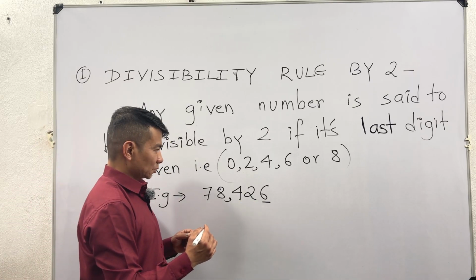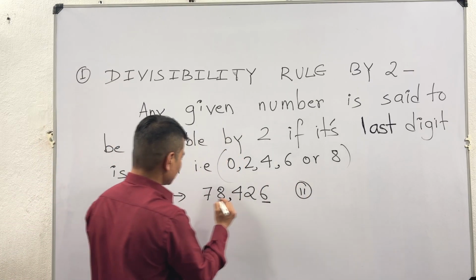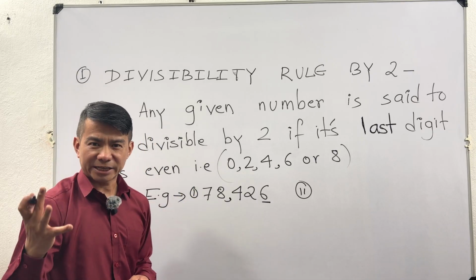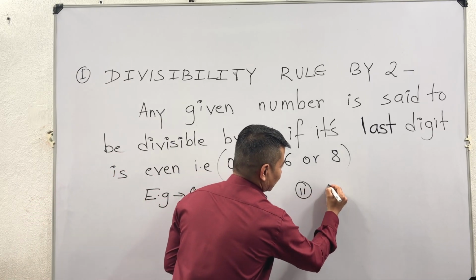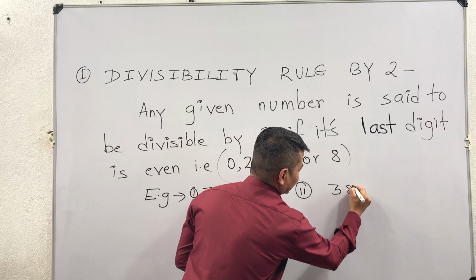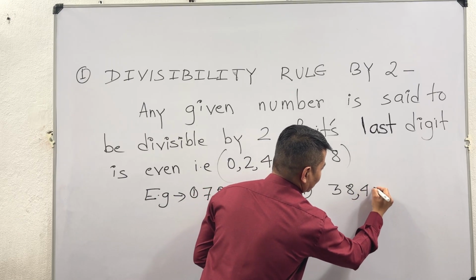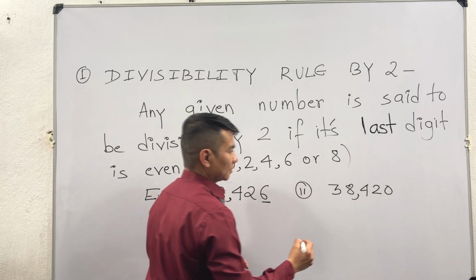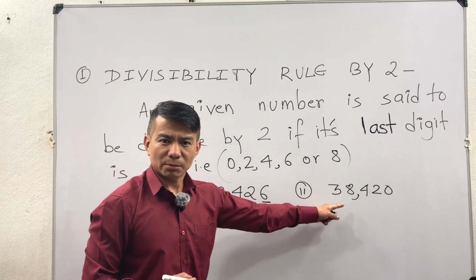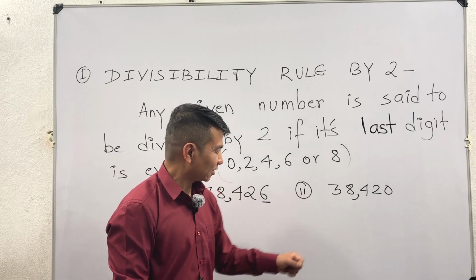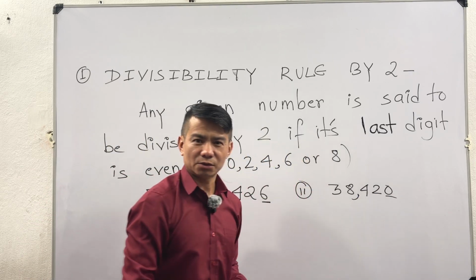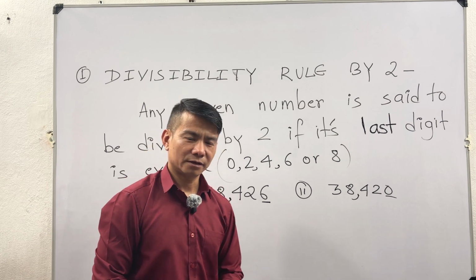I'll take another example and you tell me. Say I have 38,420. Is this divisible by 2? Yes, because the last digit is 0, and 0 is an even number.